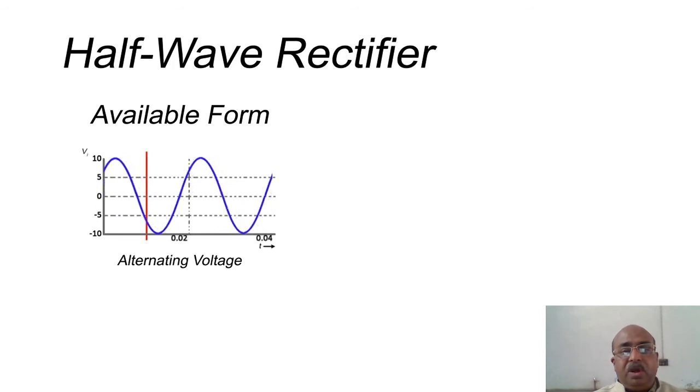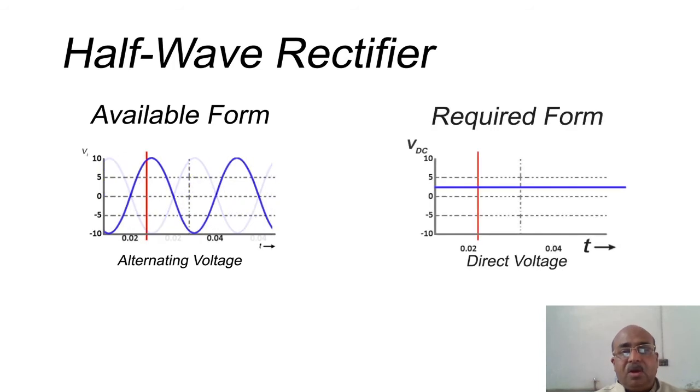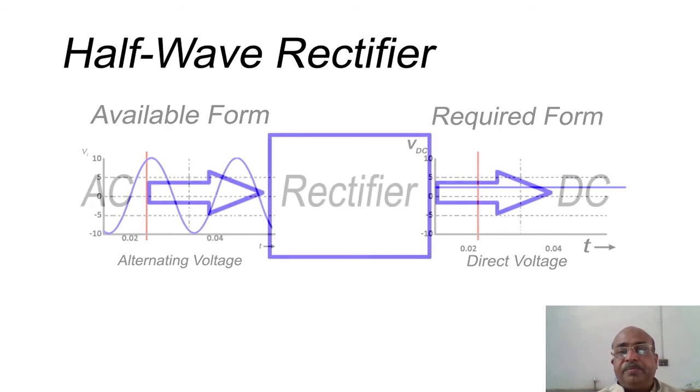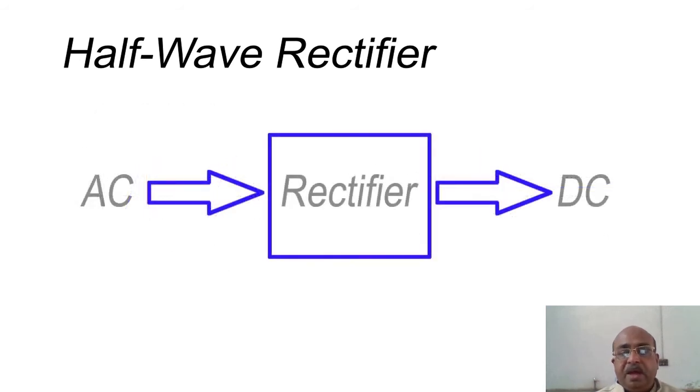Now what we want is how this available form can be changed into DC, that is our required voltage. For this we have this diagram showing that AC can be converted into DC with the help of a module called a rectifier.